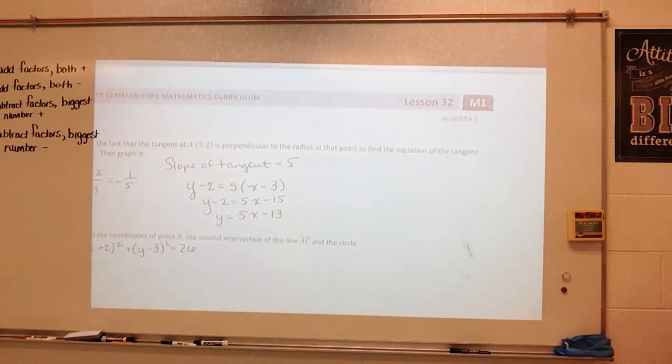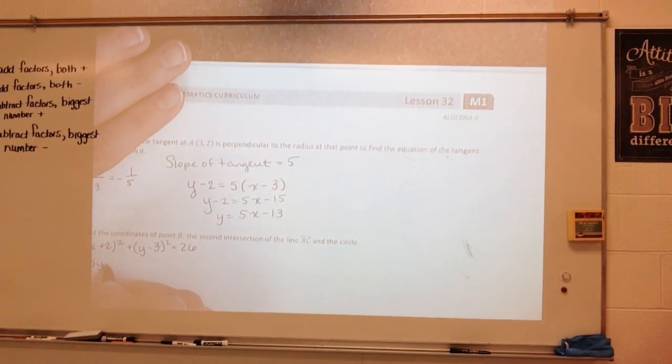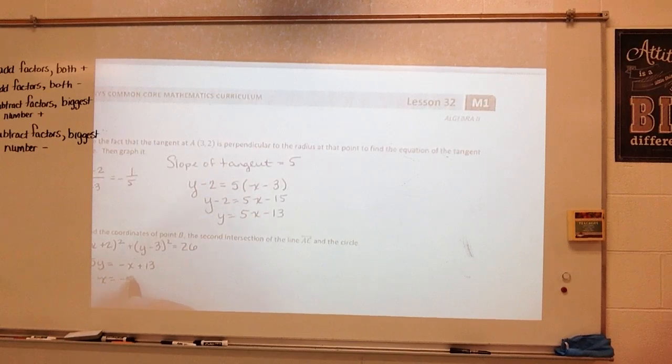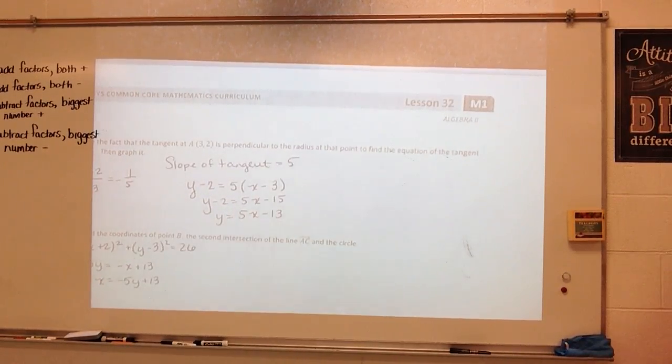And then I'm going to use the equation of my original line, which was 5y is equal to negative x plus 13. All right? And I can solve. So if I solve for x here, then I can plug it in here. So x is equal to negative 5y plus 13. All right, so plug that back in.